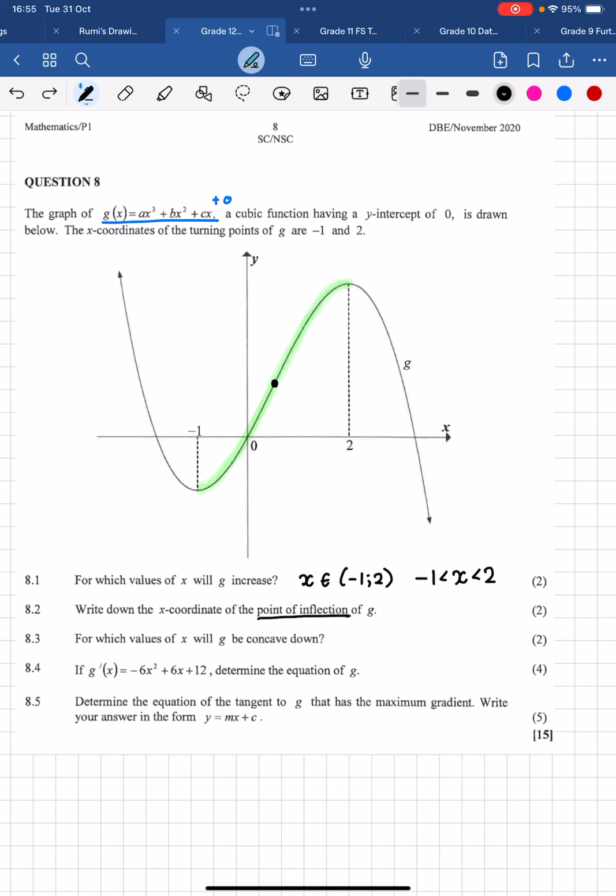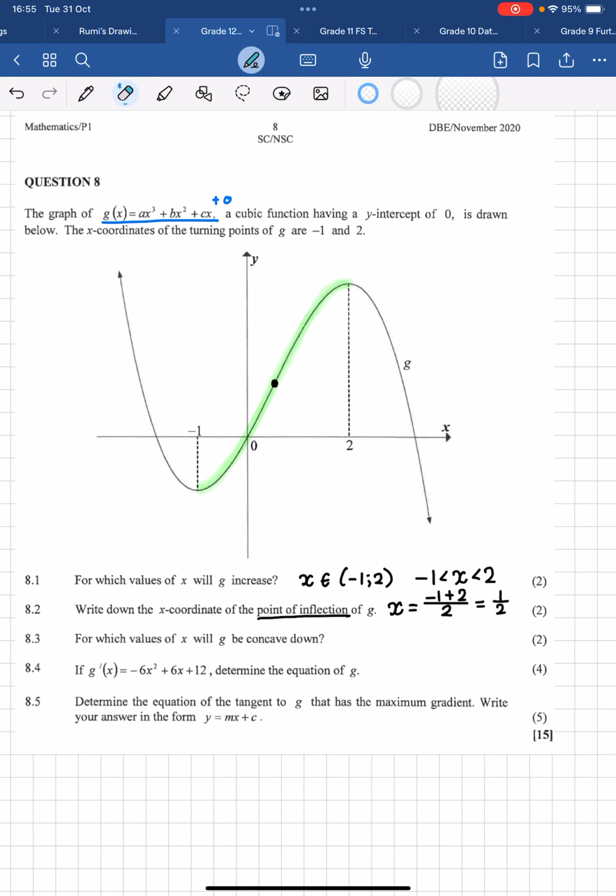If you can't find that value in your head, you can always add the two values together. So smallest value plus biggest value, -1 plus 2. And then you are going to divide that by 2. So -1 plus 2 is 1, and then we divide that by 2, so we have a half. That is the x coordinate of the point of inflection.